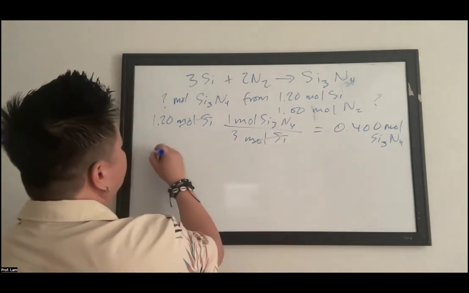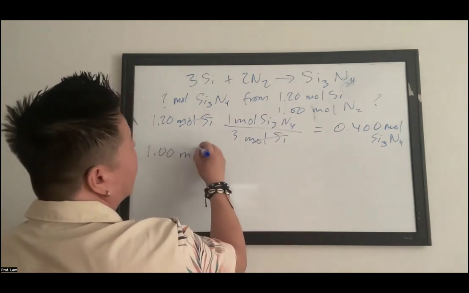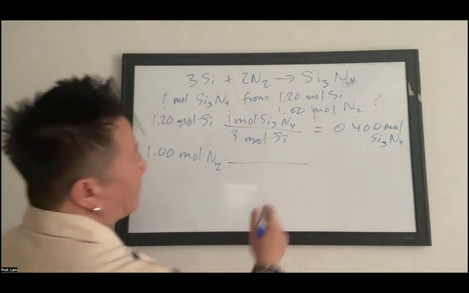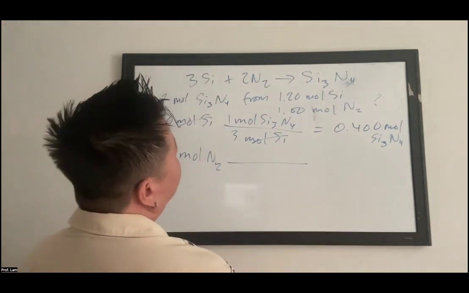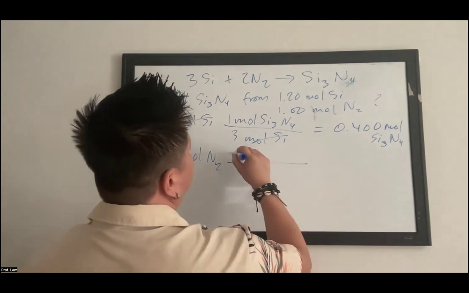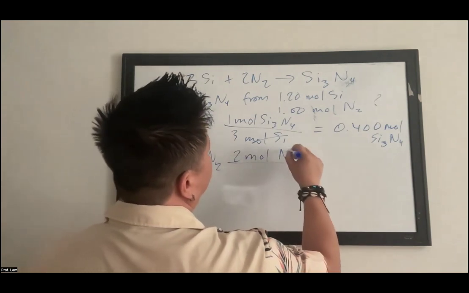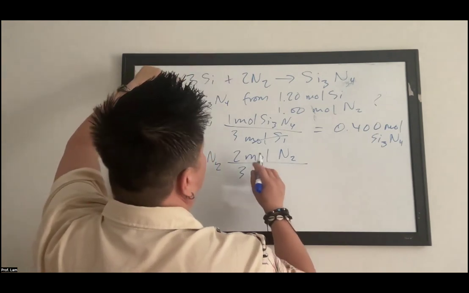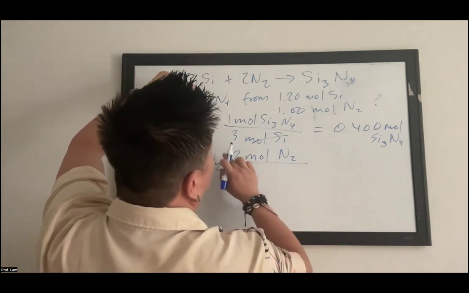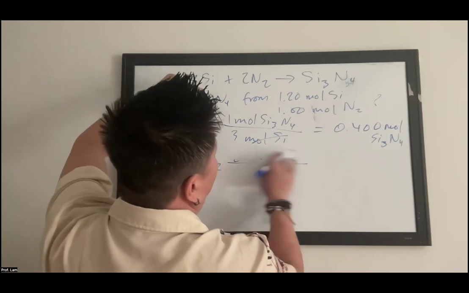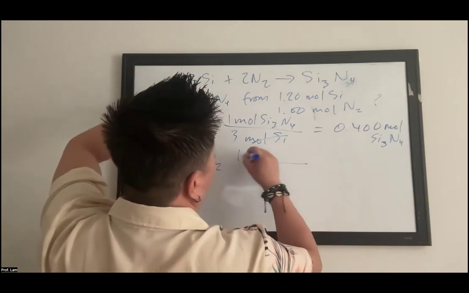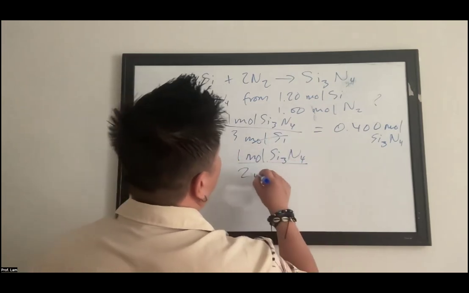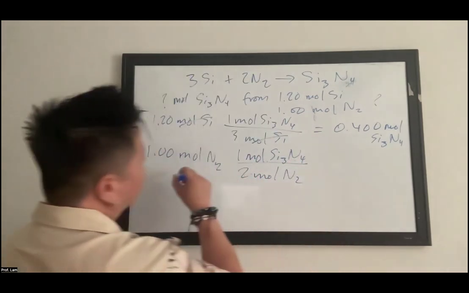Then we have 1.00 mole of N2. And how much Si3N4 can we make from that? So 2 moles of N2 is going to be on top, while 2 moles, sorry, 1 mole of Si3N4 is going to be on top, 2 moles of N2 on bottom, right?